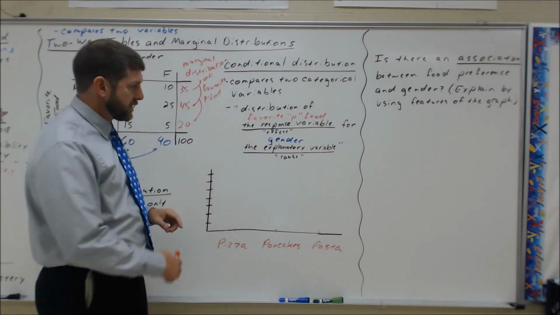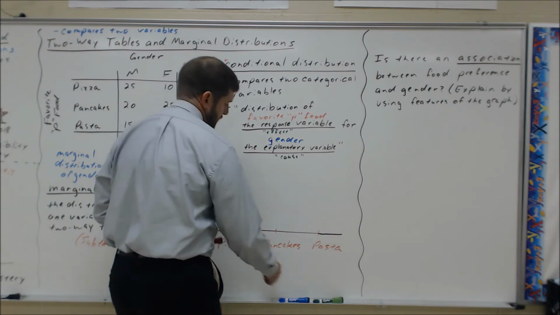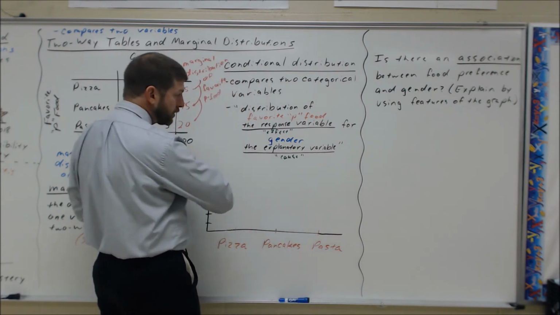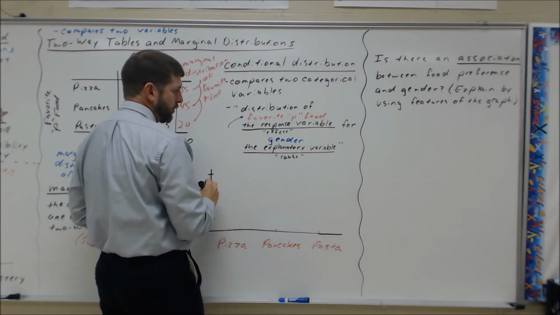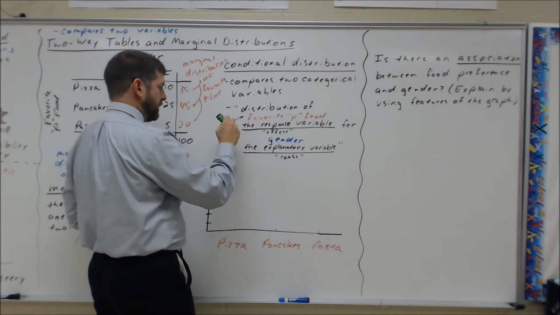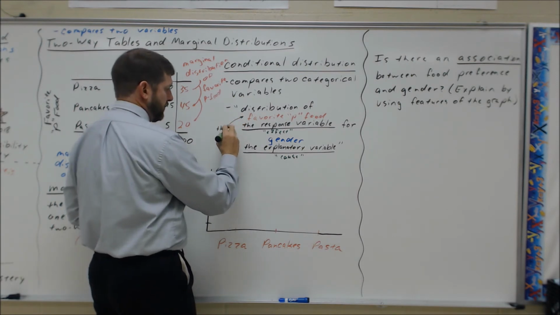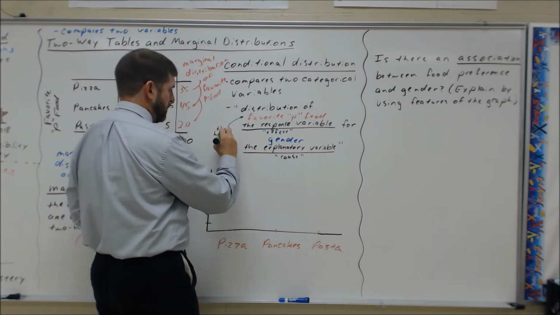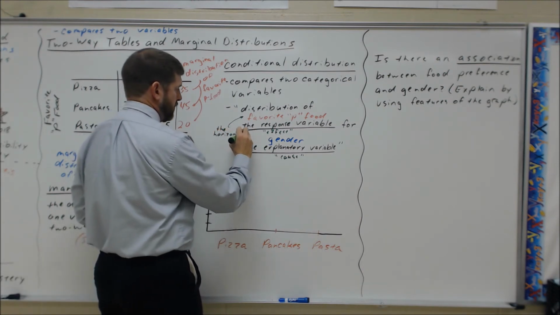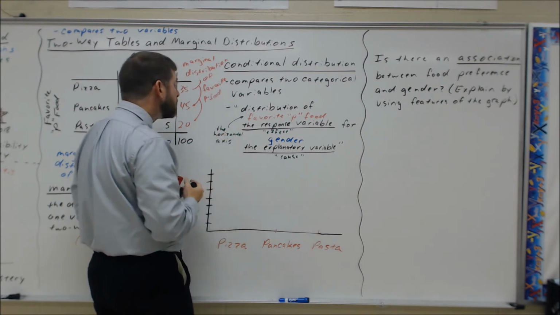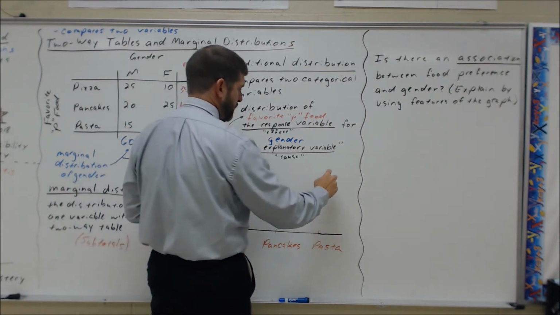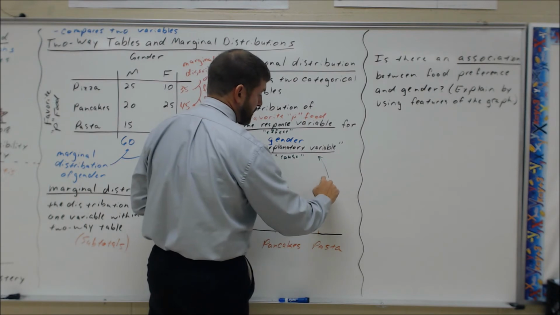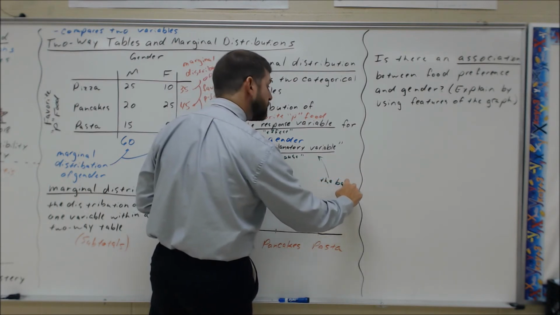Whatever you're doing the distribution of, your response variable is going to end up being the horizontal axis, the way I organize it. And that means the explanatory variable is going to be the actual bars.